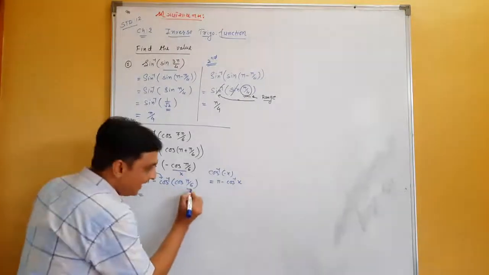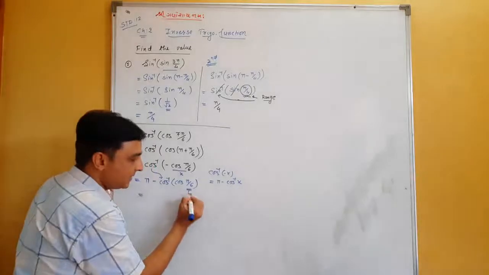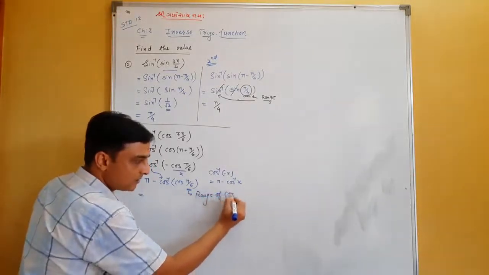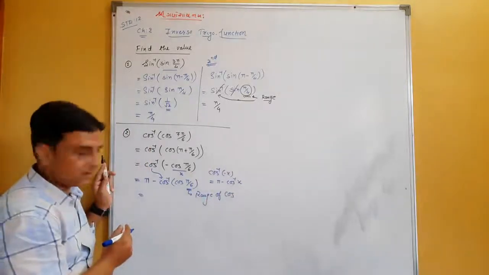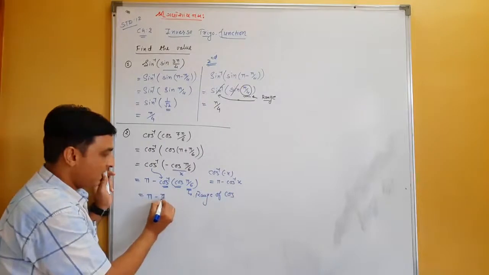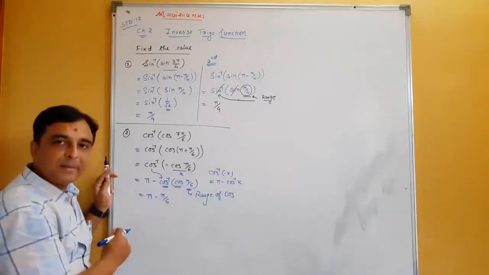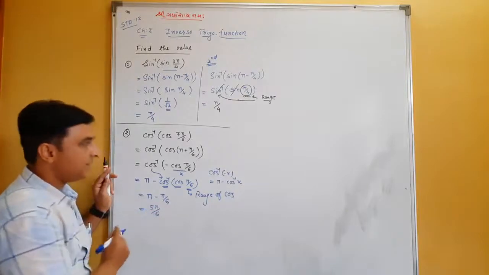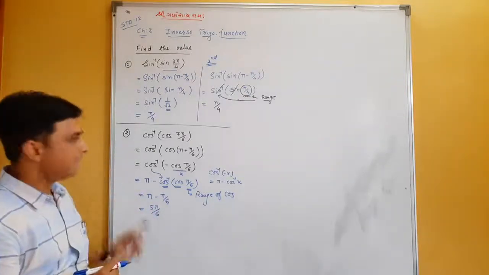Now see that pi by 6 is in range of cos, yes, so the cos cancel, so pi minus pi by 6, answer will be 5 pi by 6.